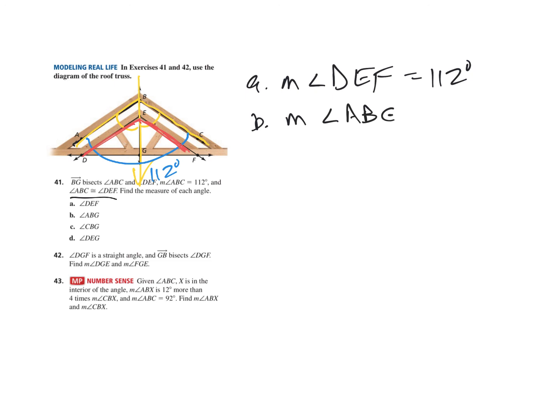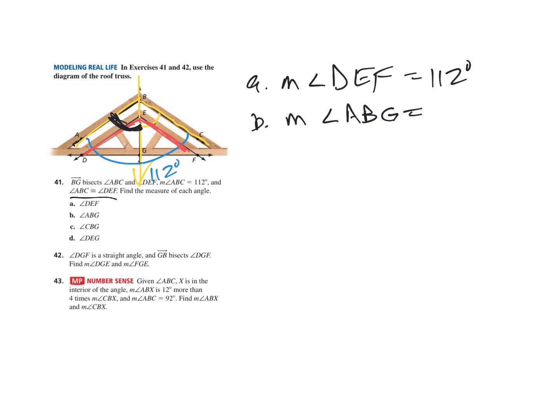Part A, the measure of angle DEF. DEF is congruent to ABC, which we just were told is 112 degrees. Part B, the measure of angle ABG. So ABG is this angle right here.